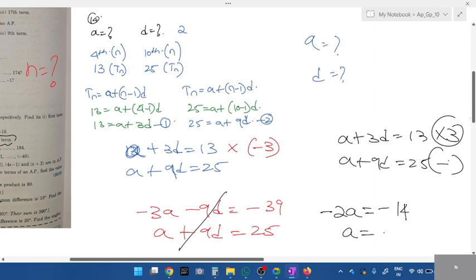What is a? What did you all get? a is equal to 7. Substitute 7 in any one of these equations, either the first one or the second one. What is the d value? Is it 2?